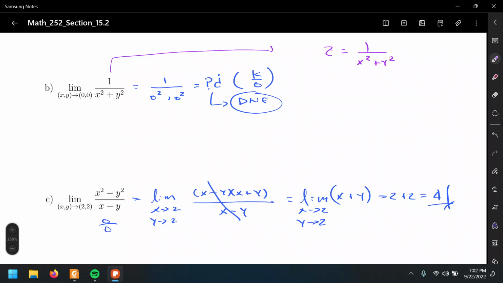So we can look at the xz traces by setting y equal to 0, and we can look at the yz traces by setting x equal to 0. So looking at the traces, okay, xz, we should get z equals 1 over x squared, and yz traces, that's z equals 1 over y squared.